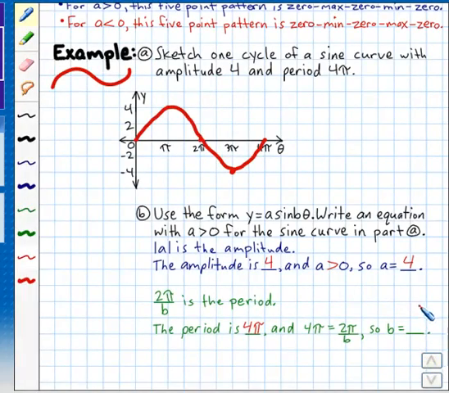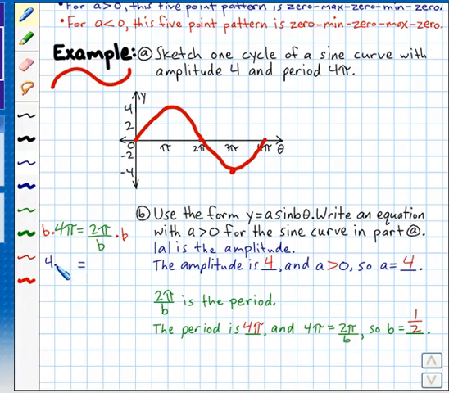Okay, welcome back. Hopefully you got 1/2 for the value of b. And here's how you get that value. Remember that 4 pi equals 2 pi divided by b. So we can multiply by b on each side of this equation.